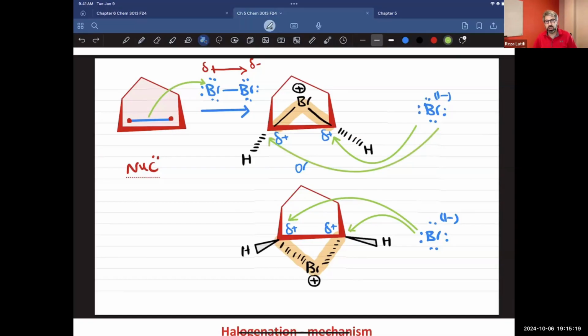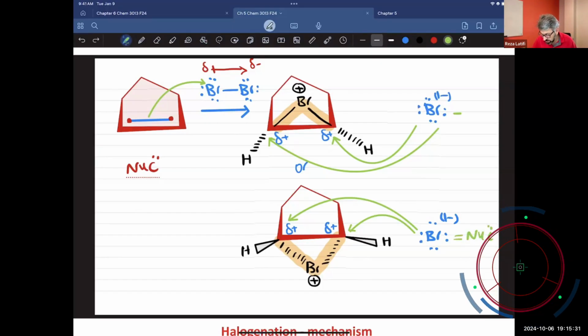Now let's add the next bromide. This bromide is going to behave as a nucleophile. This is going to be our nucleophile, and we will add the nucleophile to the intermediate.